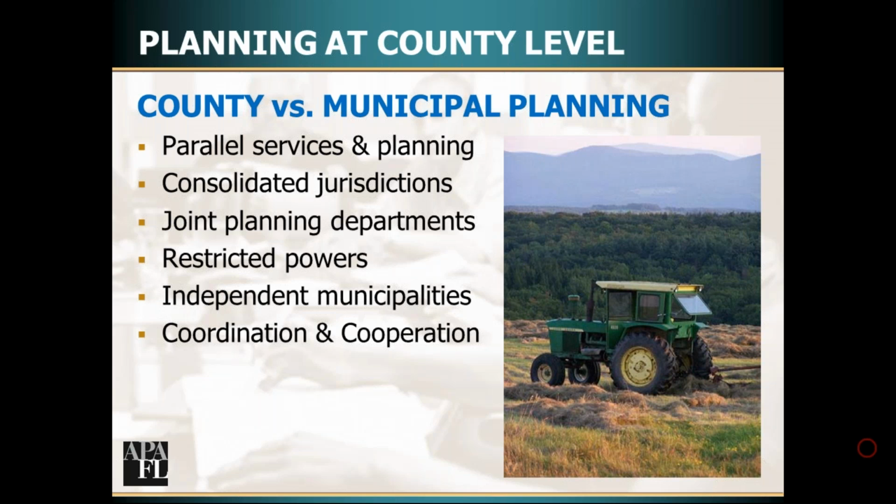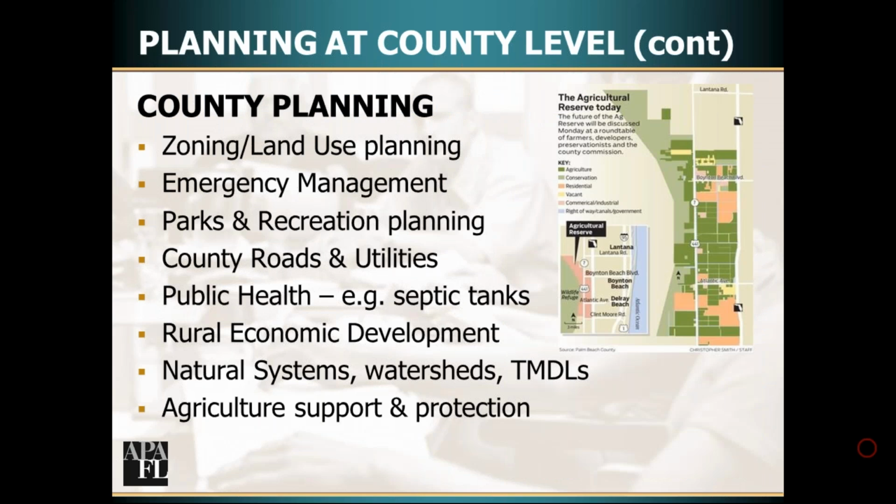Other places you may have restricted powers. There are some states that restrict city powers inside the county, so they can't do certain things. There are others where you have municipalities that are independent of the county that they're in. And the other roles are coordination, cooperation.